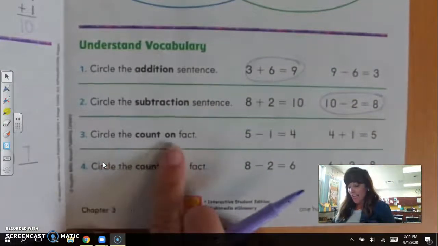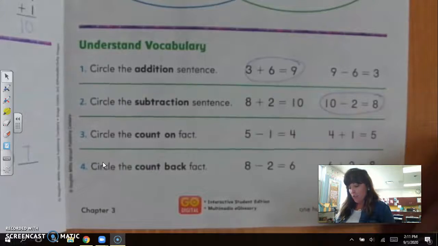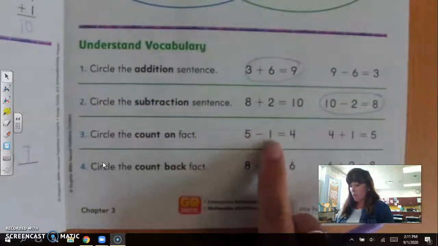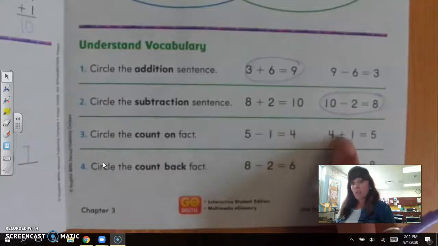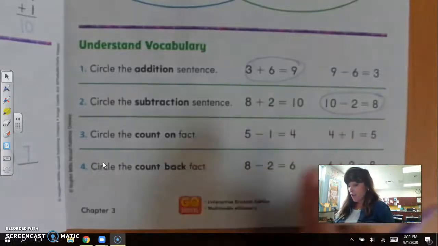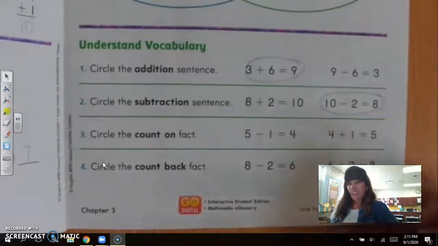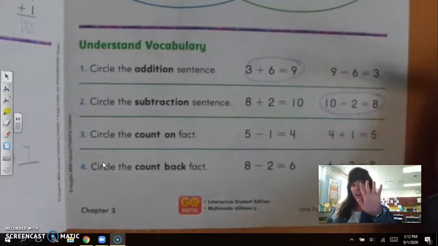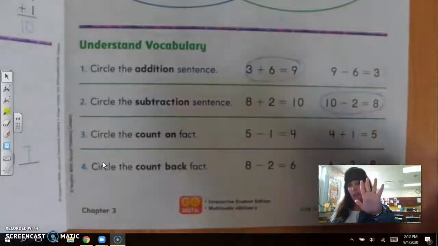Here it says circle the count on fact. So, which one are we counting on to find the answer? 5 minus 1 equals 4, or 4 plus 1 equals 5. So if I'm doing 5 minus 1, let's see if we're going to count on or count back. So everybody put up 5 fingers. Got our fingers up? We got 5 fingers. It says 5 minus 1.